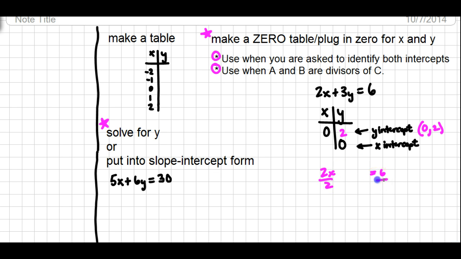To solve for x using algebra, we would divide both sides by 2, and so we get x equals 3. So the other coordinate that we arrive at is the x-intercept, and that coordinate is (3, 0). It is simply coincidence here that the numbers that we got are the coefficients from the original equation. That's not always the case, and students will see an example of that in one of the later examples.